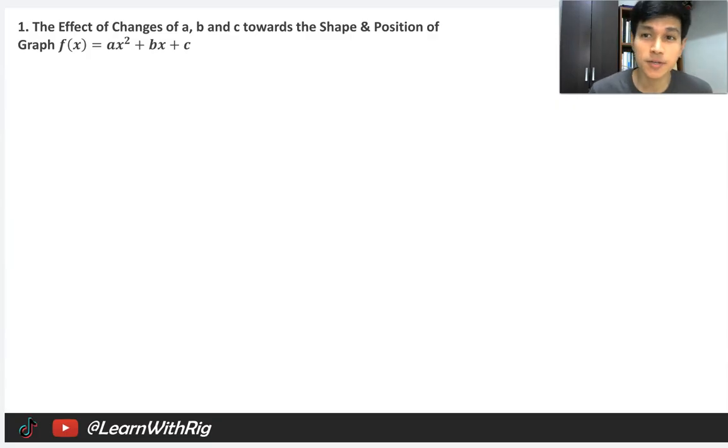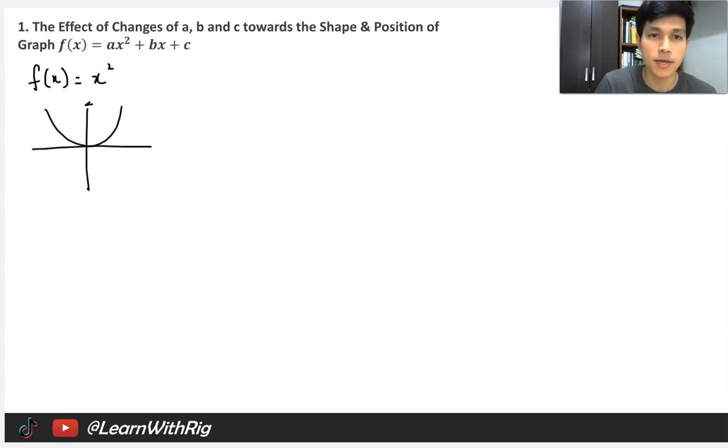So the first thing we're going to learn for this subtopic is the effect of changes of the value a, b and c towards the quadratic functions. So let me give you a very simple overview of how it affects the quadratic function. If you only have x squared, the basic quadratic function looks like this.